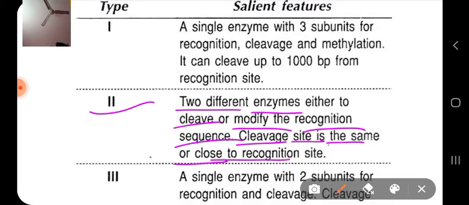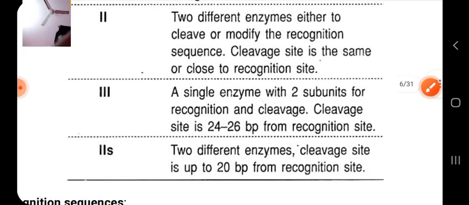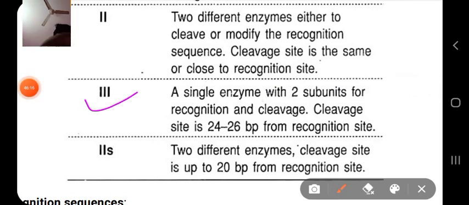Now this type 2 restriction endonuclease can be used because they identify the recognition sequence, and cleave means they cut either on that recognition sequence or close to that recognition sequence, right? And they also modify the sequence by producing sticky ends, blunt ends, etc. There is also another restriction enzyme called type 3, a single enzyme having two subunits for recognition and cleavage.